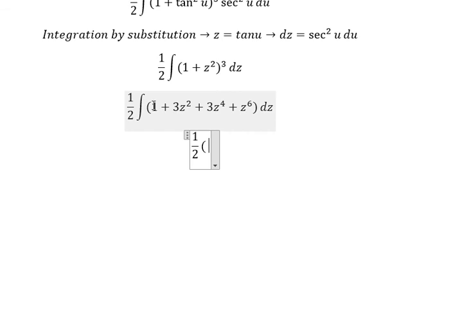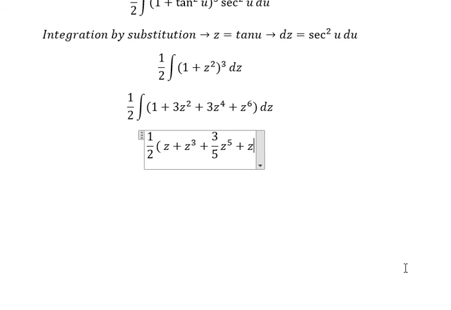The integral of the number 1, you get z. The integral of 3z squared, you get z to the power of 3. The integral of 3z to the power of 4, you get 3 over 5 z to the power of 5.